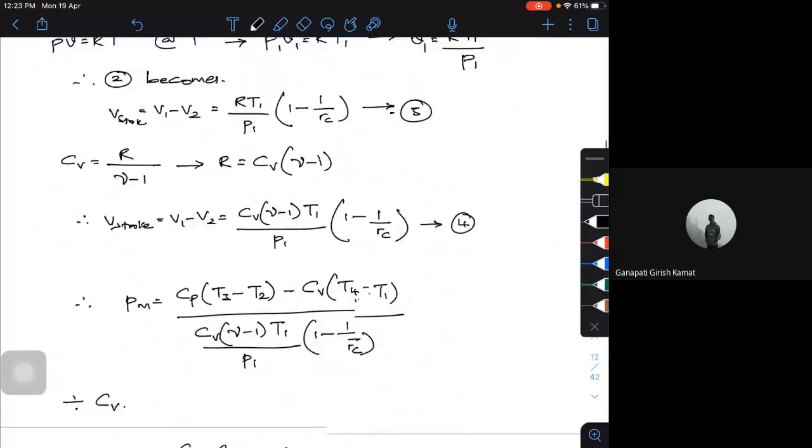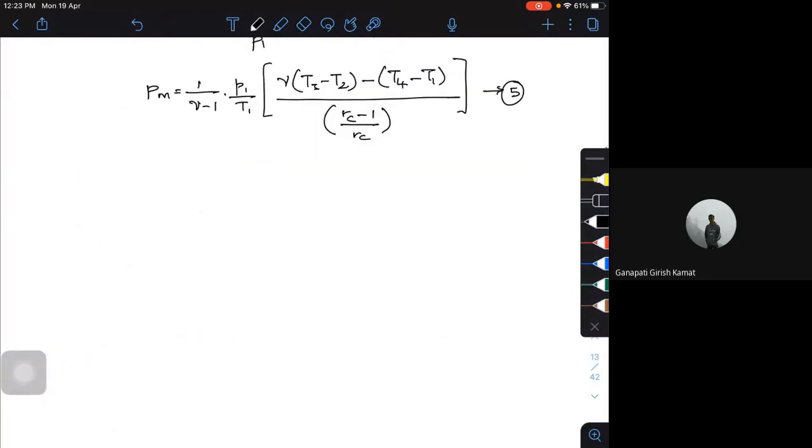So substitute for temperatures, that is T2, T3 and T4 in equation 5. So let me write that.